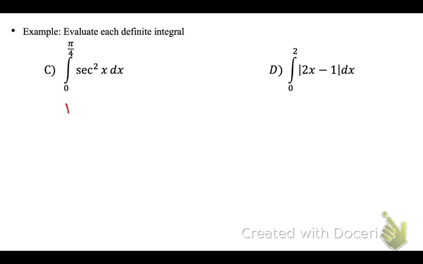So I have the tangent of x from 0 to pi over 4. So we're going to have tangent of pi over 4 minus the tangent at 0. Well, what's the tangent of pi over 4?